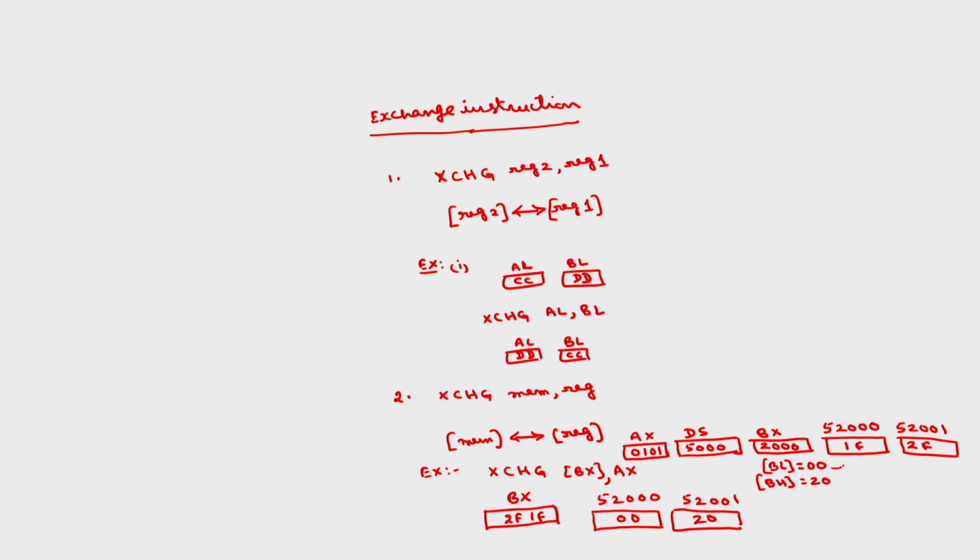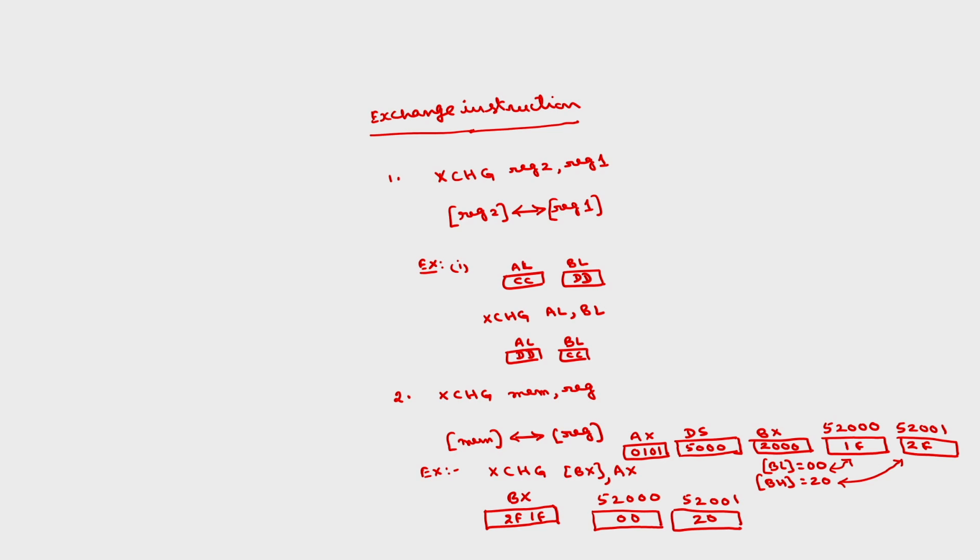So BL is exchanged with this and BH is exchanged with this. Similarly, we can have different memory operands. This can be base addressing mode or relative addressing mode. So we have different memory representations.